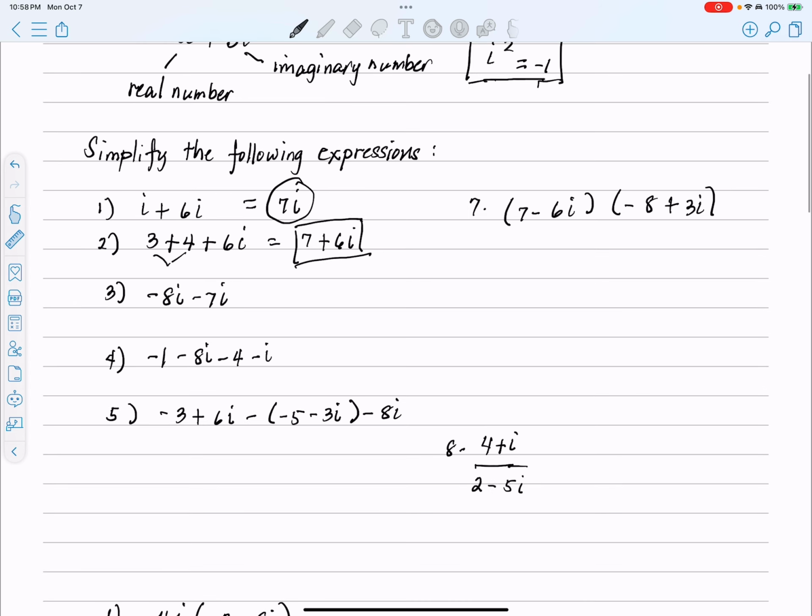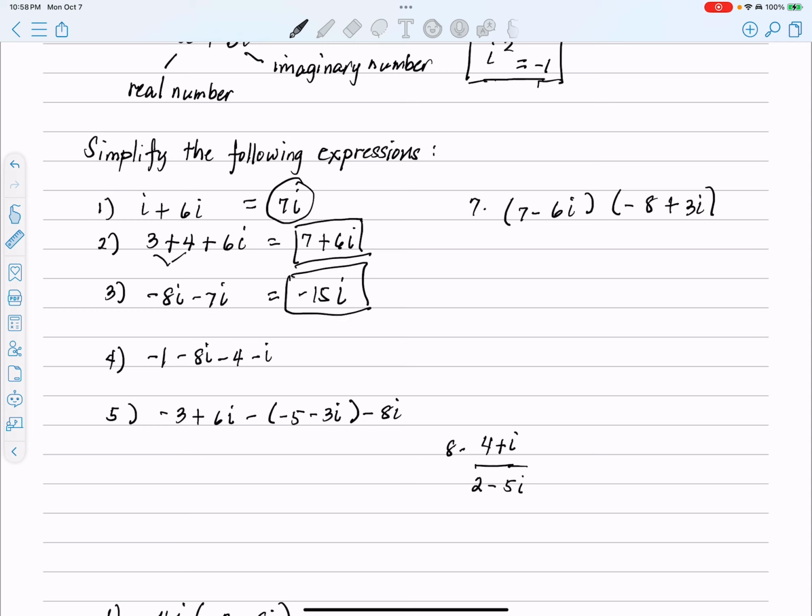Negative 8i minus 7i. Two negatives, so you add negative 8 and negative 7, that's negative 15i. Very easy, right?